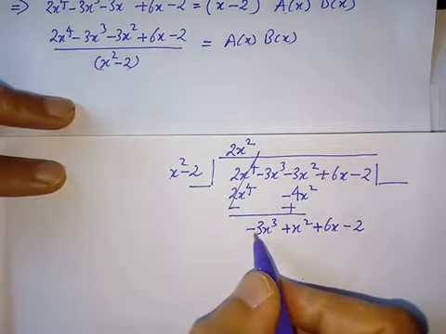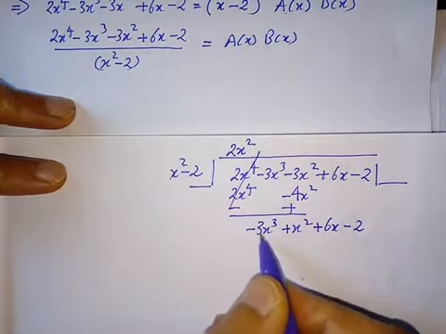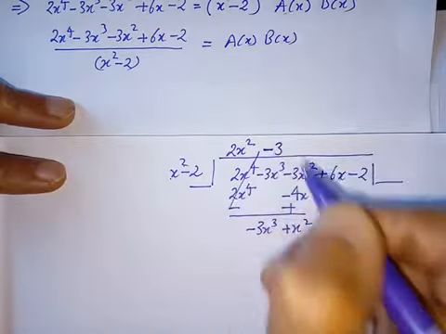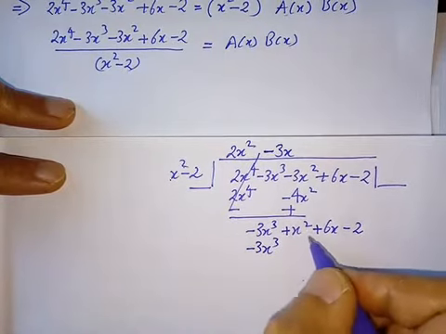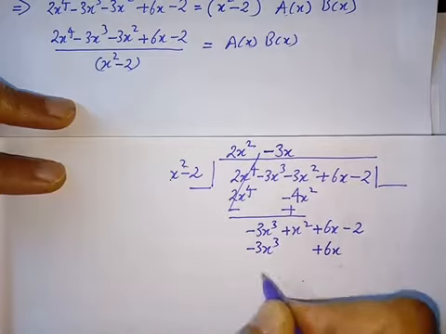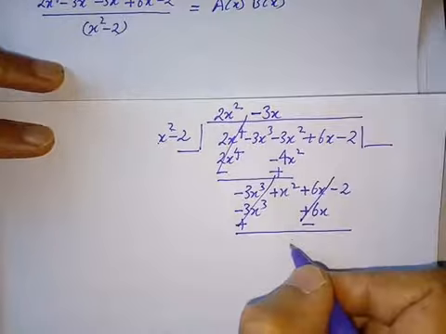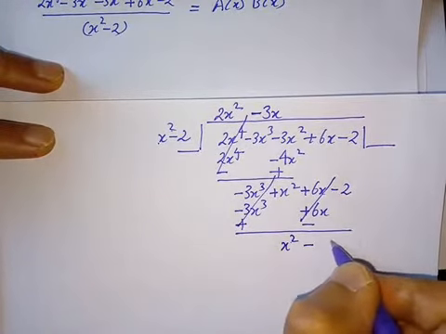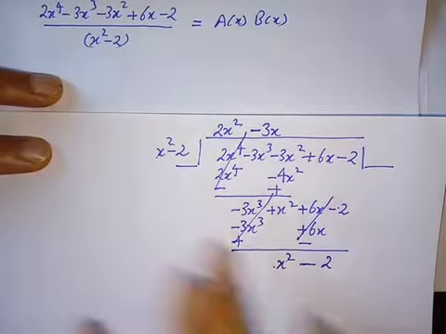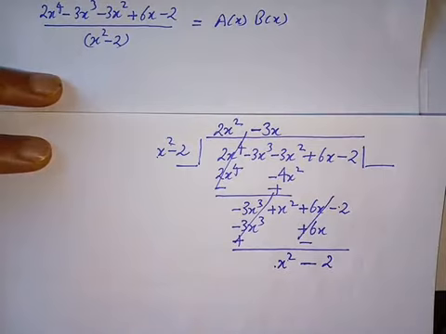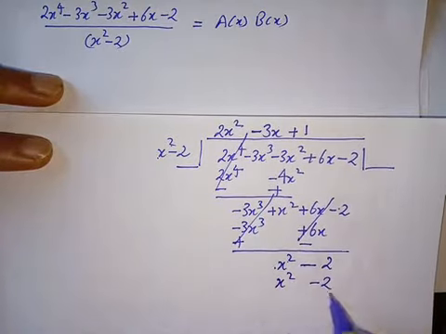Now the highest degree is x cube. The coefficient of the highest degree term is minus 3, so we have to multiply by minus 3 and x. So we get minus 3x cube and plus 6x. So we are left with x square minus 2. Now the coefficient is 1, we can continue with our division because the degrees are equal. So plus 1, we get x square minus 2.